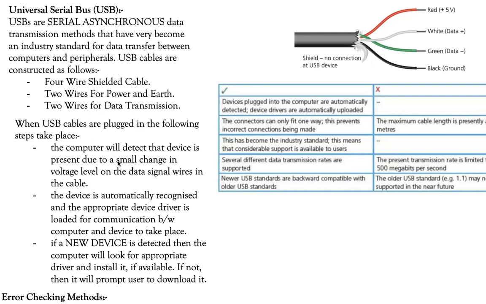So every time I connect a new device to my computer, my operating system will detect that something has been connected. It will try to install the device driver. If it's already downloaded, then it will install it from there. Otherwise, it will even search the internet and download a device driver appropriate for that connected hardware.